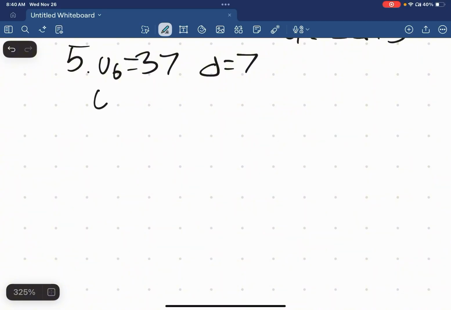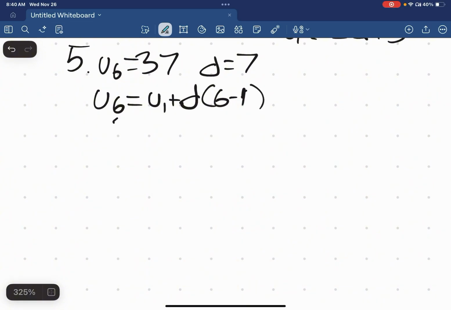We can write every sequence as u1 plus d times n minus 1. So let's go ahead and write this one like that. We don't know what u1 is in this case, but we do know the n term is 6, so you can write it like that.